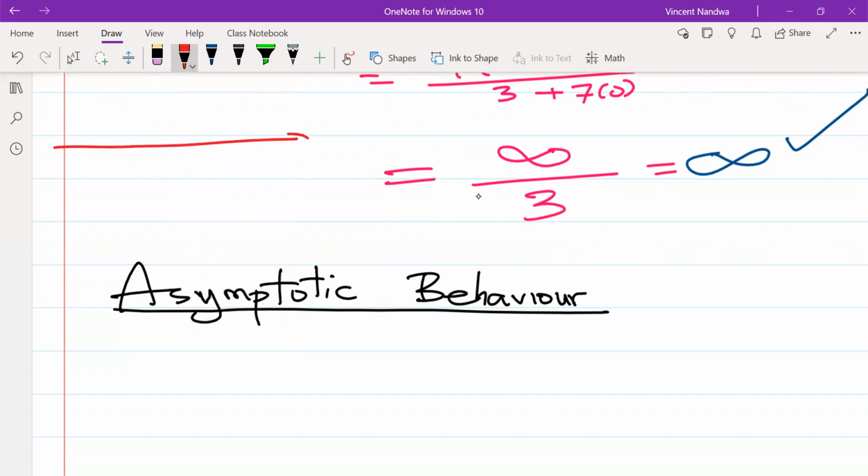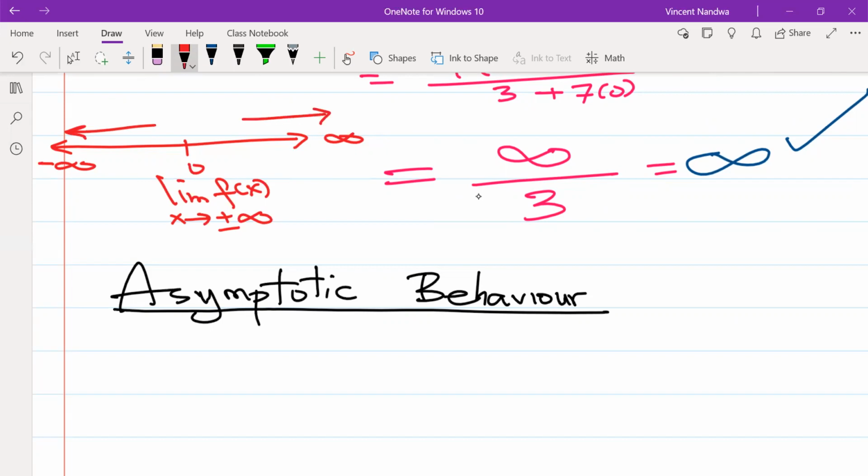So you see when this is a real line, this is what we call negative infinity, this is zero, then this is what we call positive infinity. So we are trying to interpret values of limits of functions f of x as x moves towards plus or minus infinity, either becoming larger and larger in the negative direction or larger and larger in the positive direction. Okay? Good. So asymptotic behavior of a function.